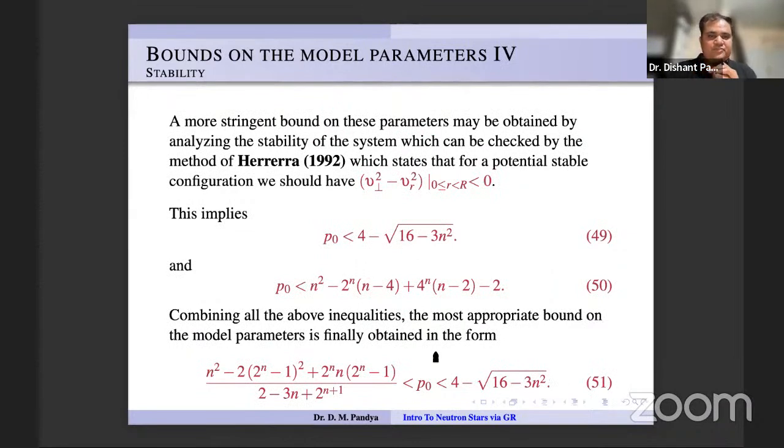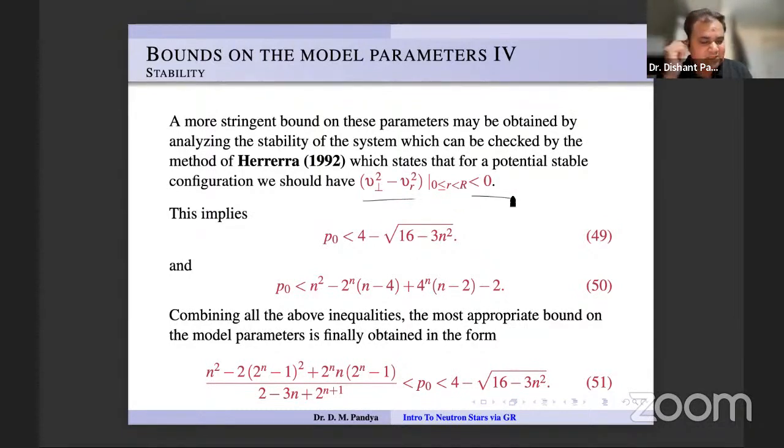One more thing. Now, one stringent condition on the stability of the system was given by L. Herrera in 1992, which suggests that the potential stability is given by v_perp² minus v_r², which is nothing but the difference dP_perp/dρ minus dP_r/dρ.